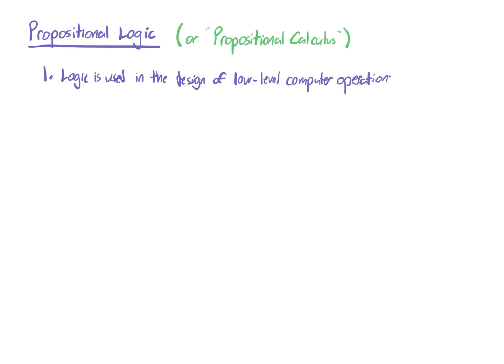Remember that computers are fundamentally made of circuits, and if you want to design a circuit that performs a specific kind of operation, we use logic, in fact, a very similar kind of logic to what we're about to learn, in order to create a circuit that has the desired outcome. And this is an aspect that you'll study a lot more in a course in computer architecture.